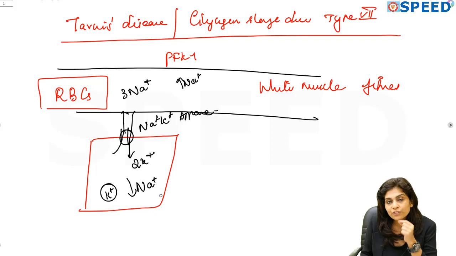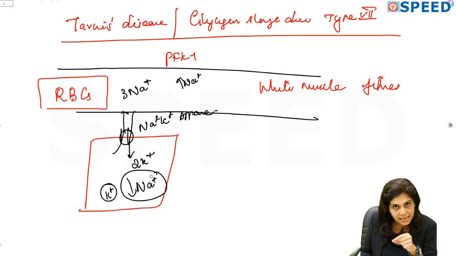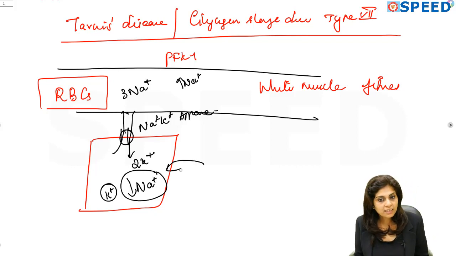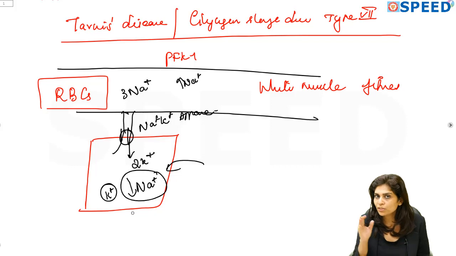Because if you allow sodium to accumulate within a cell, sodium being osmotically active, it would attract water, and the cell will swell and the cell will rupture. So which pump avoids all your cells from undergoing rupture? It is sodium potassium ATPase pump, not just in RBCs, every cell for that matter.